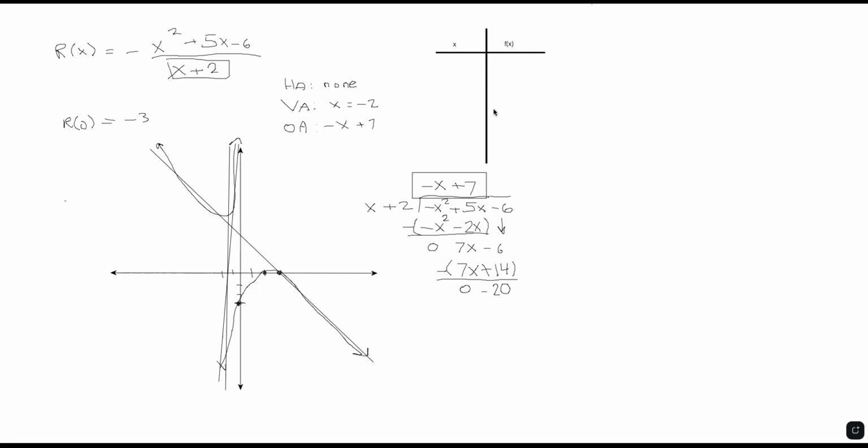So wait, isn't the oblique asymptote y is equal to x plus 3, because that's what I got? Sorry, can you repeat that? For the oblique asymptote, is it x plus 3? It should be negative x plus 7 because that's what we got for the long division result. Minus x plus 7.